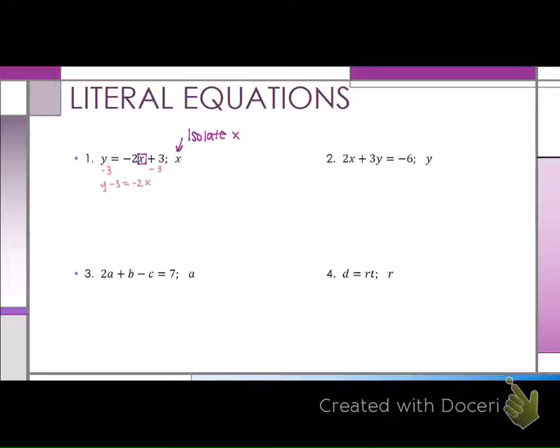Again, we're trying to get the variable x on its own. Riley. Then we add 2. But 2 isn't being added or subtracted, it's being multiplied. What's the inverse of multiplication? Divided. So you're dividing by 2.